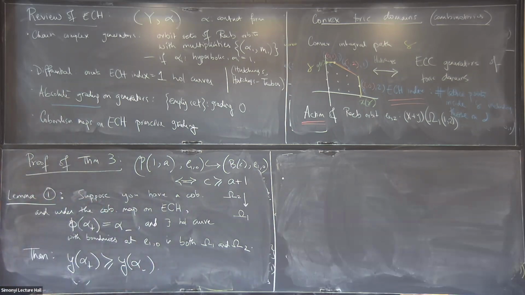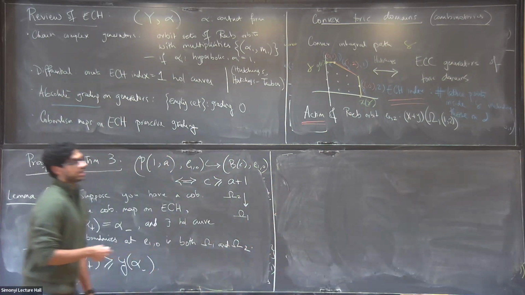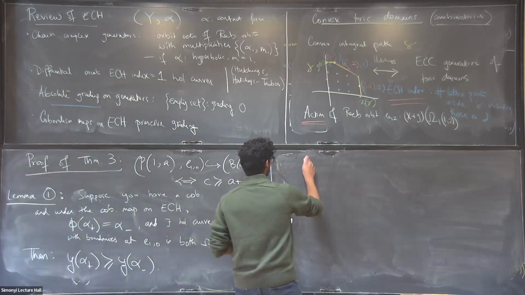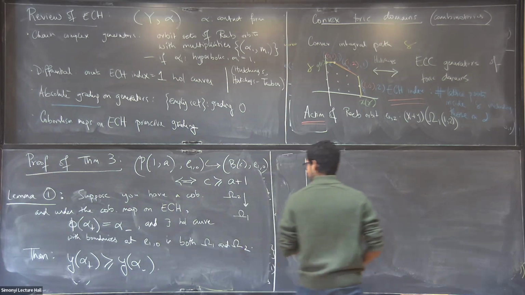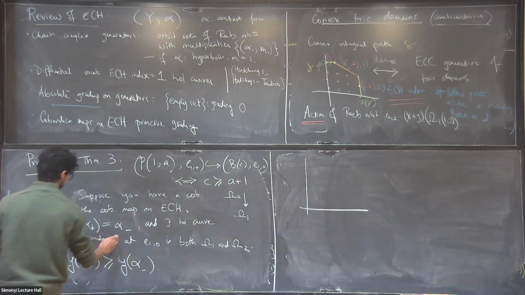So they're both combinatorial generators, and we should have that y of alpha plus is bigger than or equal to y of alpha minus. Why is that true? So this is the cobordism map on ECH.